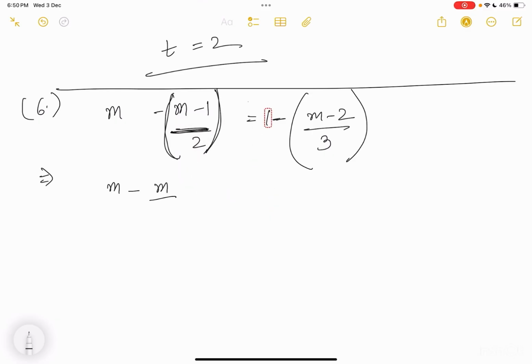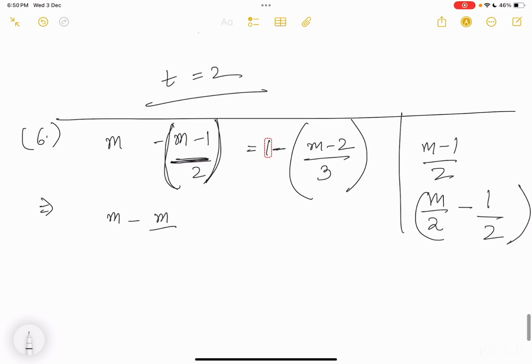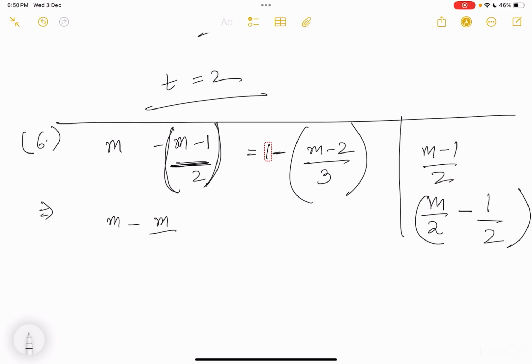I'll just break the fraction. If someone is not getting what I'm doing in this, m minus 1 by 2 can be written as this. I'm just breaking the fraction, separating each term of the numerator, because they have the same denominator now, so you can split the fraction.